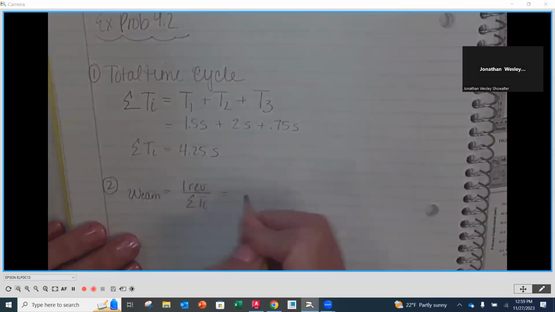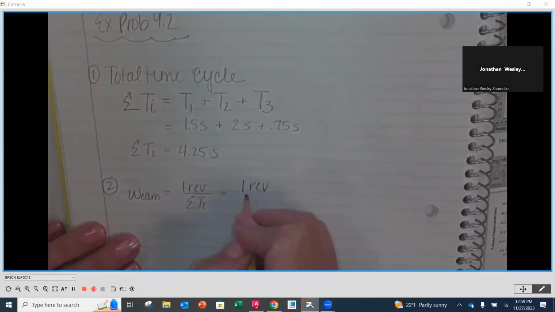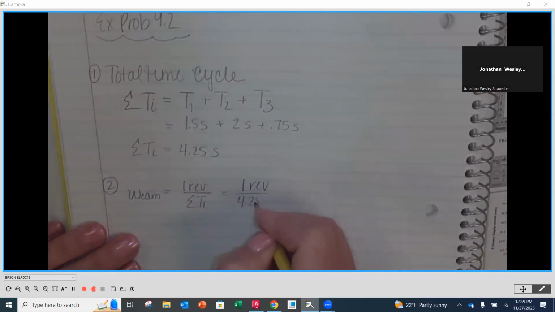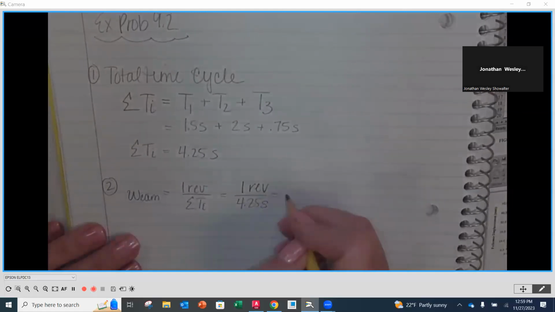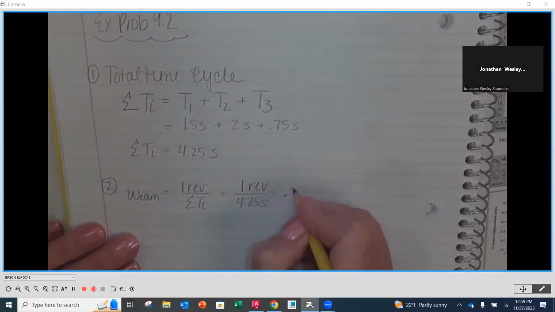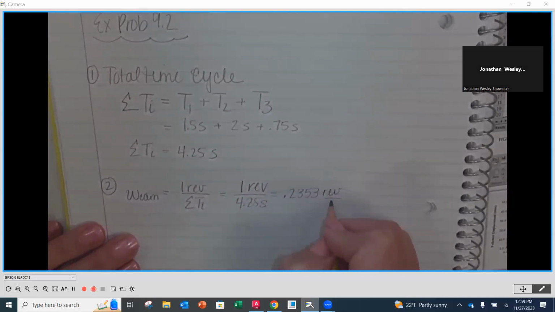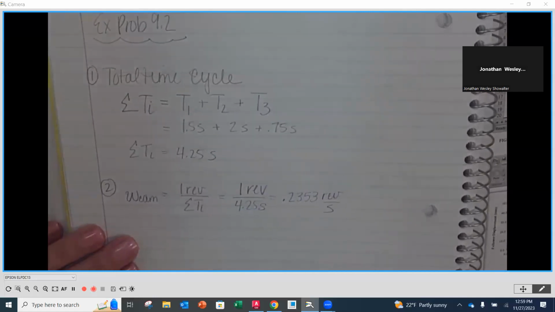So we're going to have 1 revolution divided by 4.25 seconds. It looks like that's going to be 0.2353 revolutions per second. Now I always like to do that one because it's going to come in handy when we do our betas, or our angles per interval.